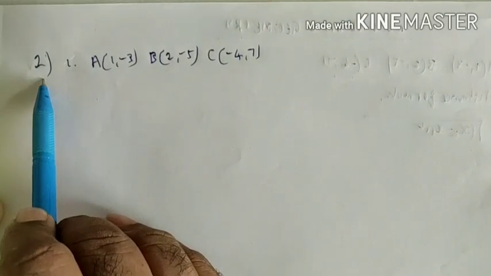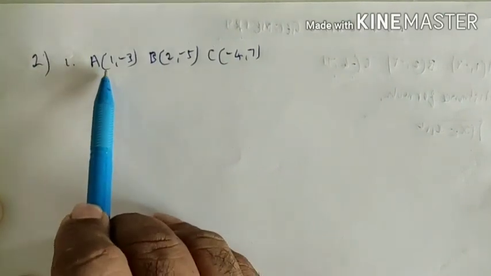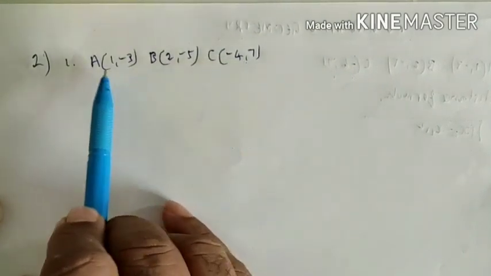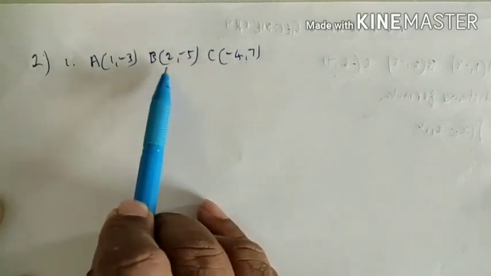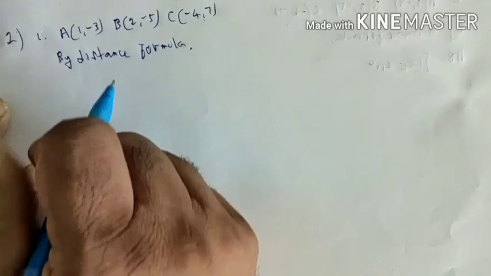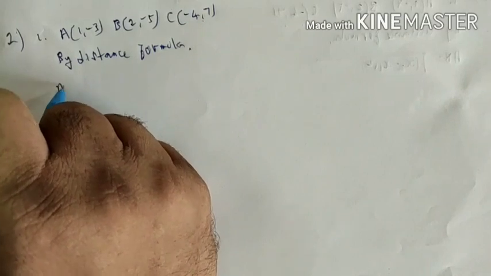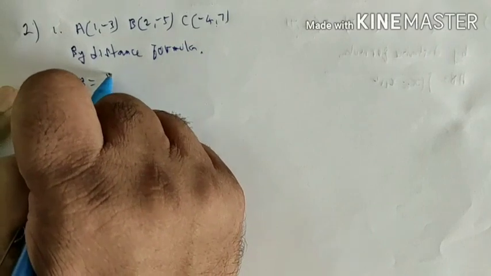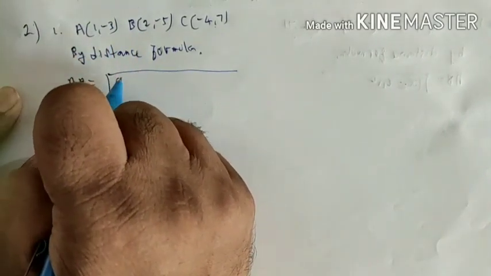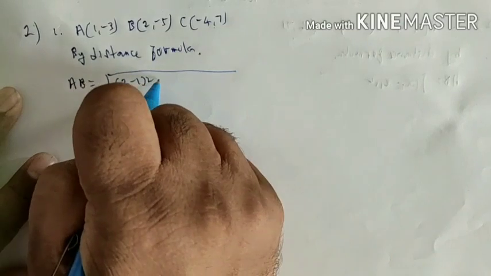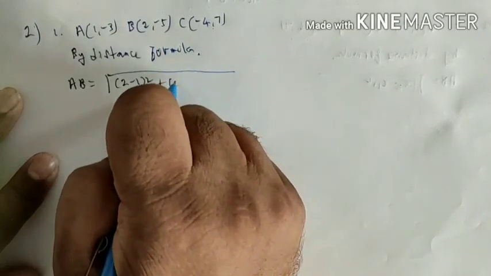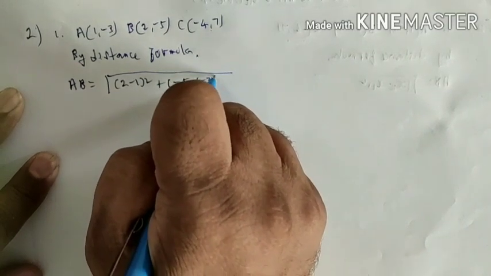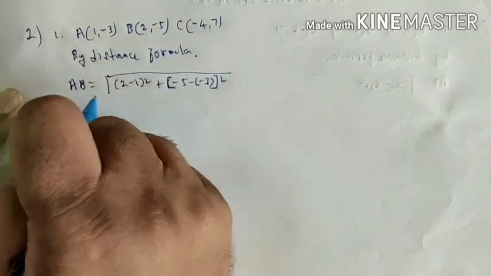Next you take question number 2, first sum. See, 3 points are given, A, B, C. Coordinates of 3 points are given. Our question is to find whether the 3 points are collinear. Here we shall do one thing by distance formula. We get AB is equal to under root, see 2 minus 1 square plus minus 5 minus 3 square.